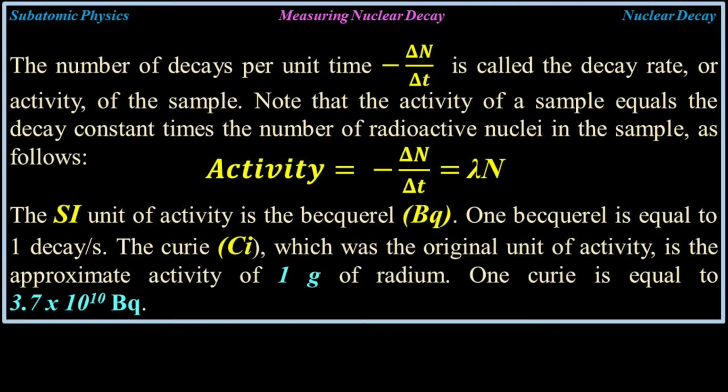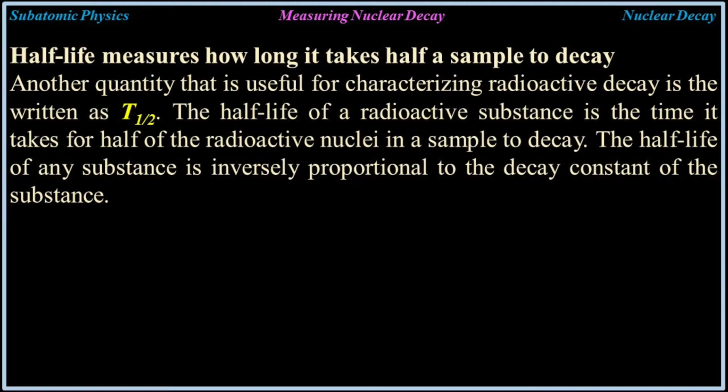The curie, or Ci, which was the original unit of activity, is the approximate activity of 1 gram of radium. 1 curie is equal to 3.7 times 10 to the 10th becquerel. Half-life measures how long it takes half a sample to decay.